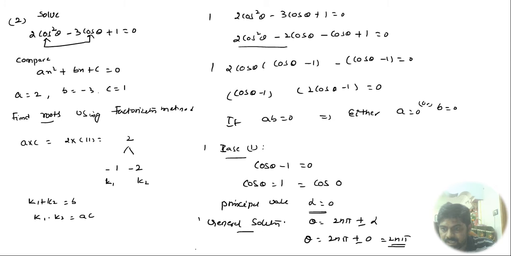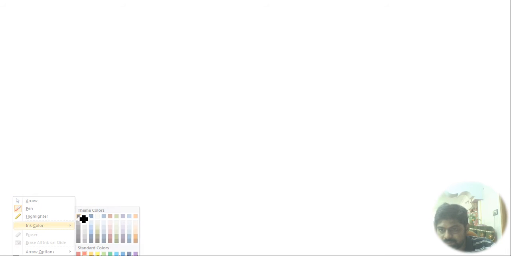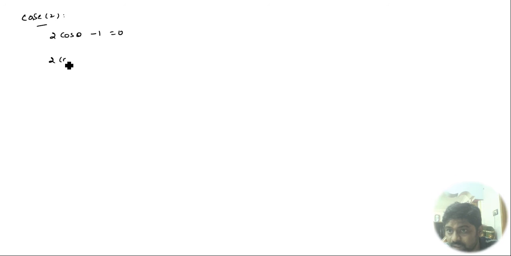Case 2 is 2 cos theta minus 1 equal to 0.